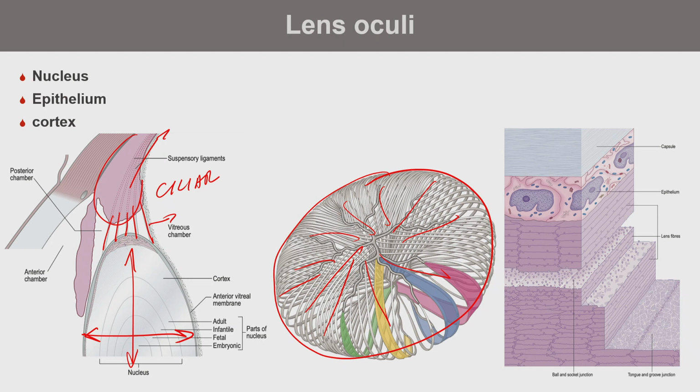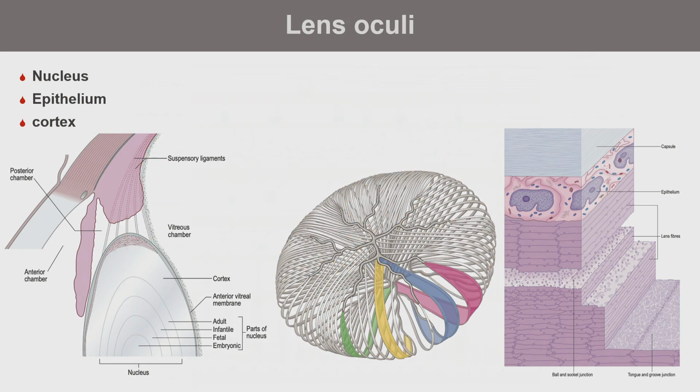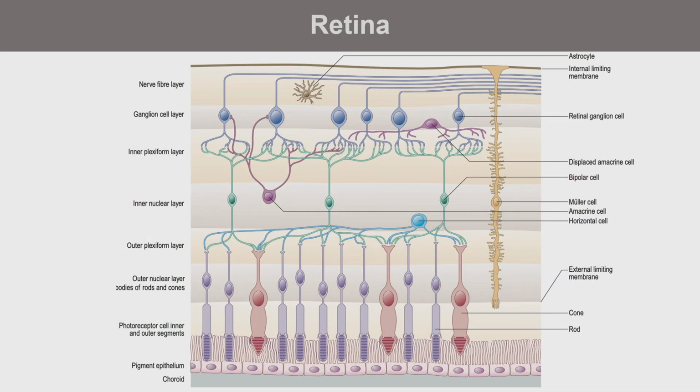So it's not spheric, and the changes of the diameters make changes of the dioptria, so then changes the focusing of the light. So then the light is properly falling at the retina.